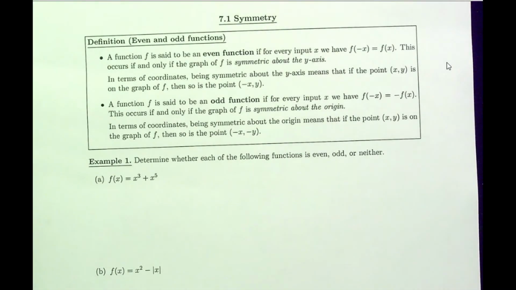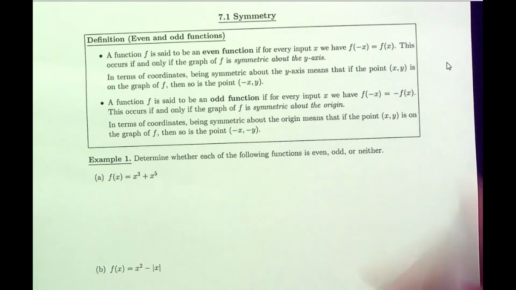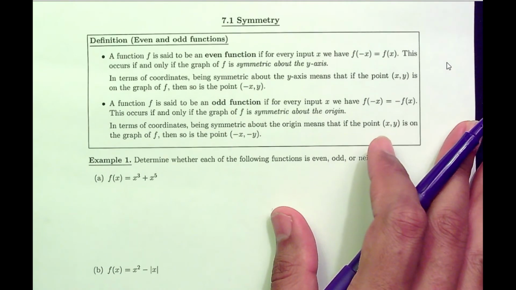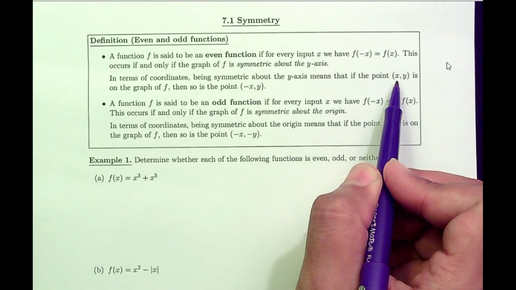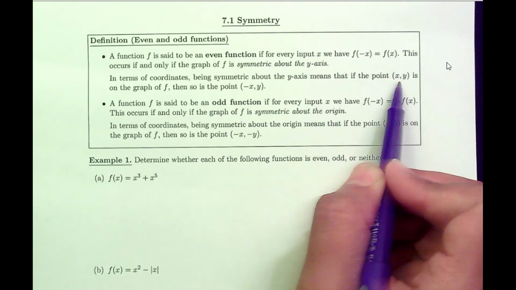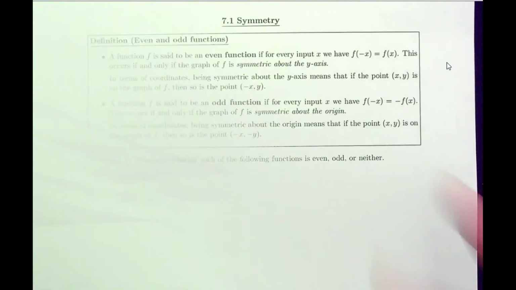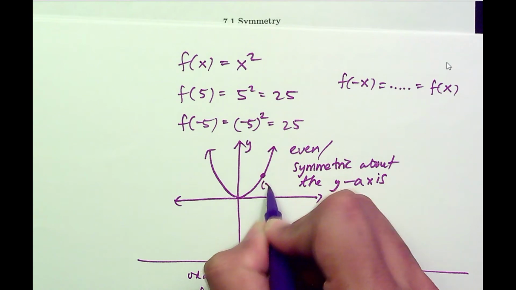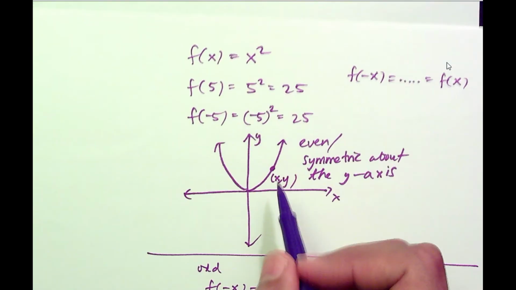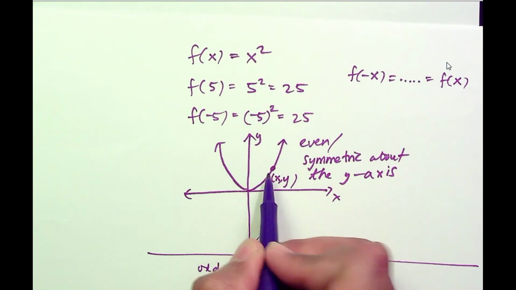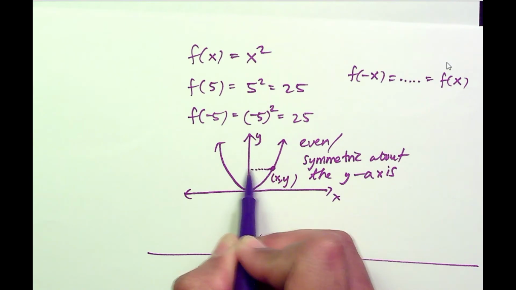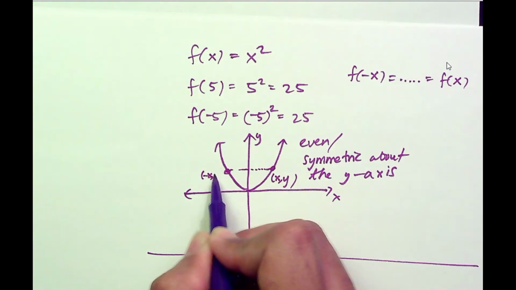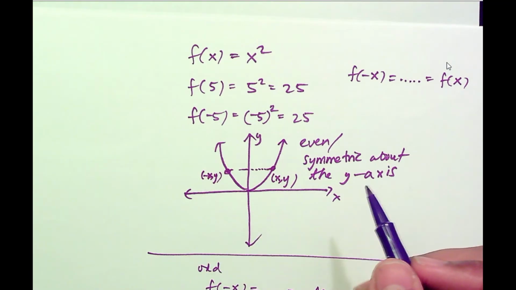There's one third way you could explain this, which is by saying that if you have a point on the graph for even, then if this is a point on the graph and the graph is even, then negative x, y is there. So for example, let's say I have a point here on this graph. If my function is even, then the point that has coordinates negative x, y is also on the graph.